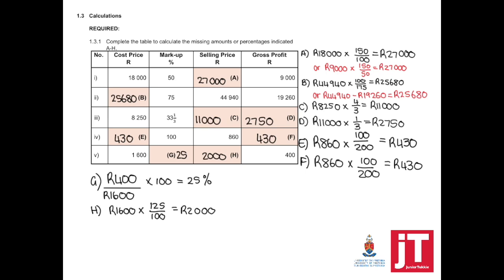To calculate the cost when the selling price is given, take the selling price times 100 divided by 100 plus the percentage markup. To calculate your gross profit, it's your selling price minus cost price. To calculate the markup percentage, take the gross profit divided by cost of sales times 100, because percentages are always out of 100. Again, refer to the theory booklet and go and study these formulas.